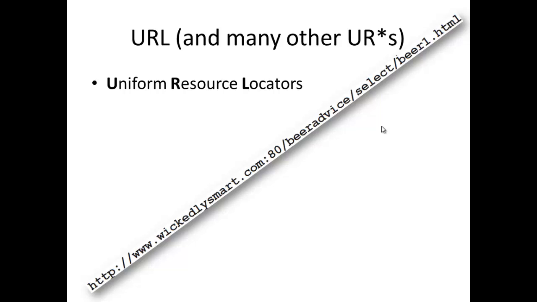So we have the anatomy of a URL. You specify HTTP. That's the IP of the server that knows how to answer your question. That's the port where you should go through, or you are allowed to go through.